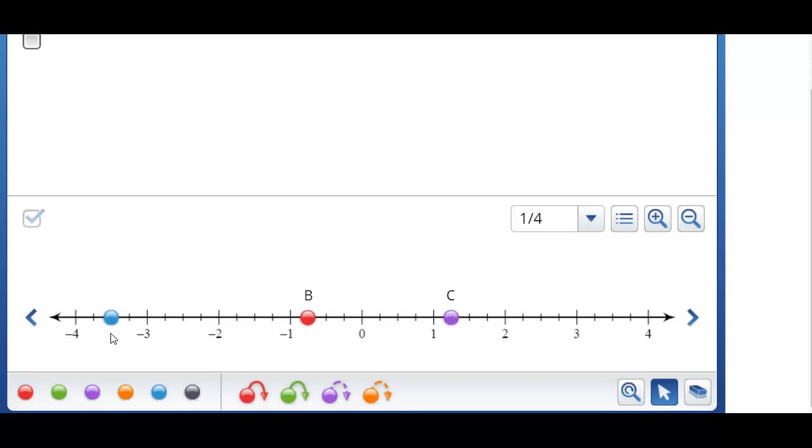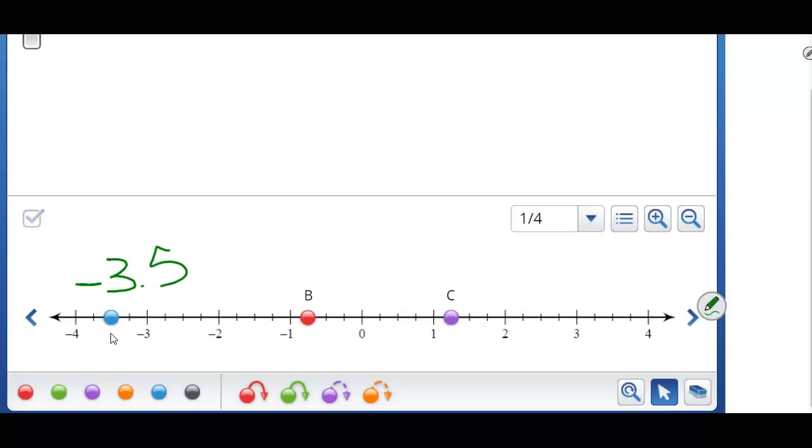What is point A as a decimal? Negative 3.5.